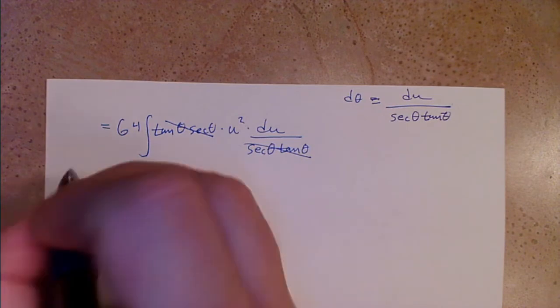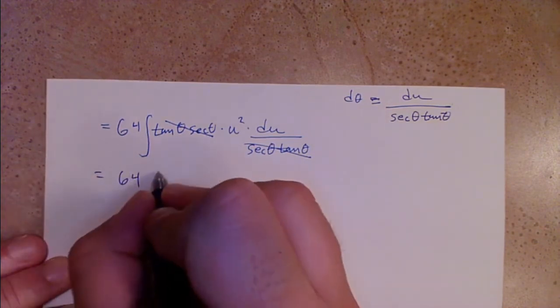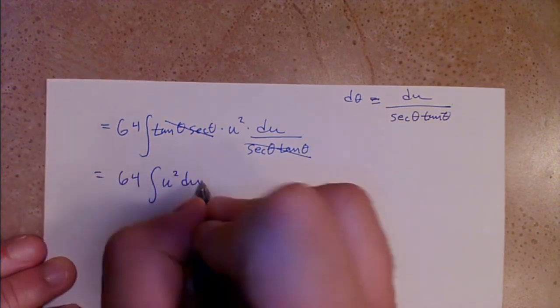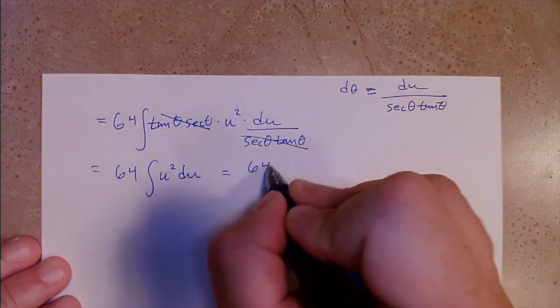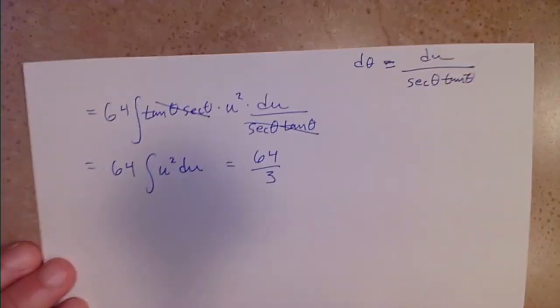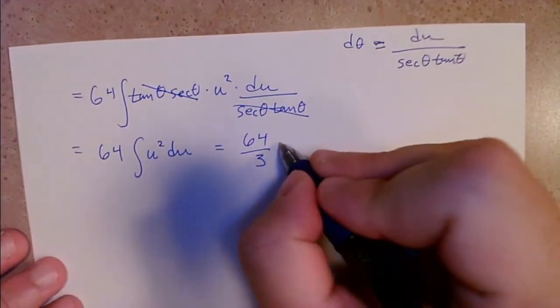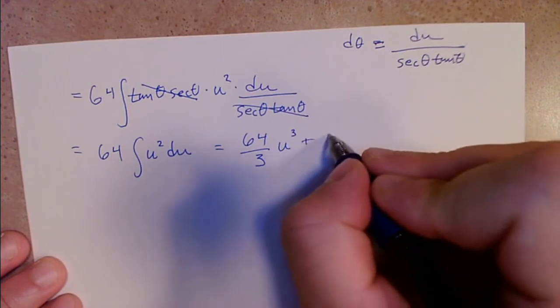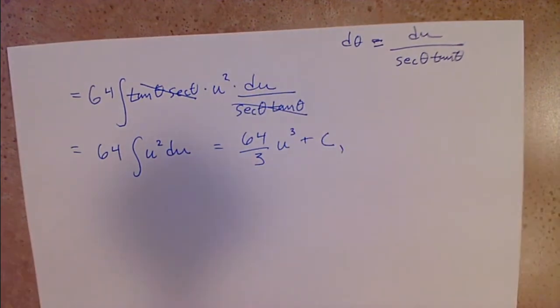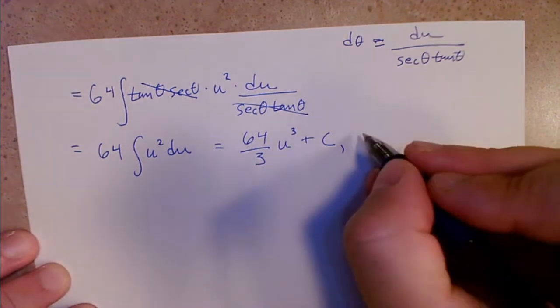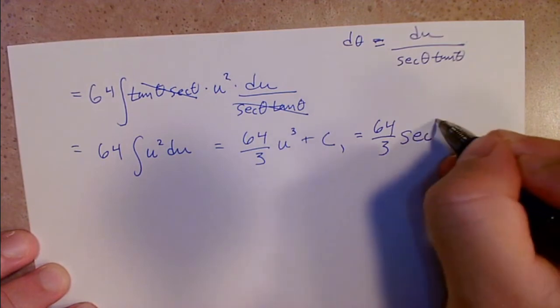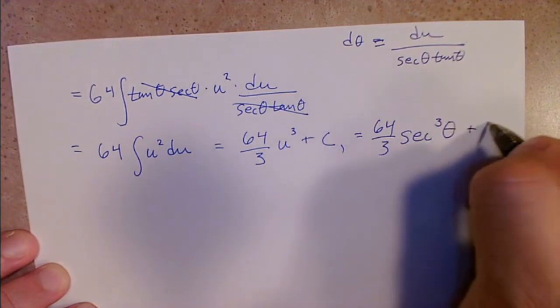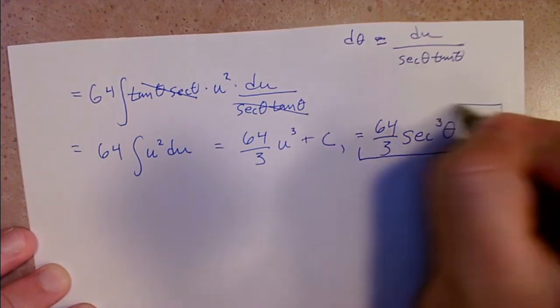Cross those off, and we get 64 times the integral of u squared with respect to u. And that's pretty darn simple. You get 64 over 3 u cubed plus an arbitrary constant. I'll call it C1 for I1 because I'm doing integral 1. And then what was u? U was secant. And so this is 64 over 3 secant cubed theta plus C1. This is I1 right here.